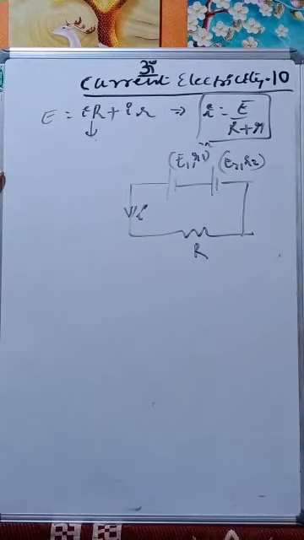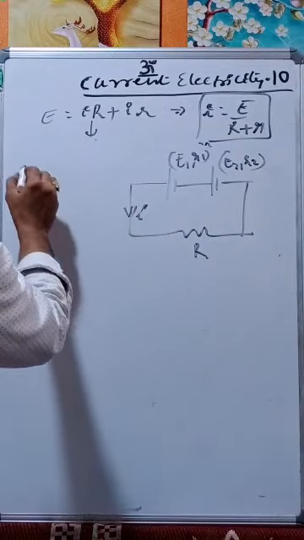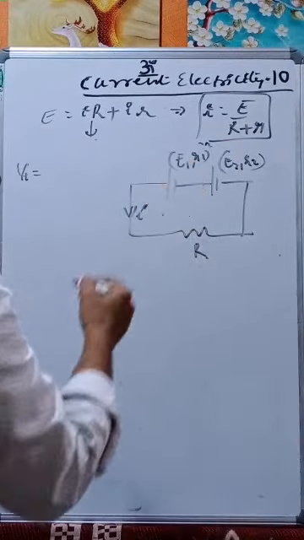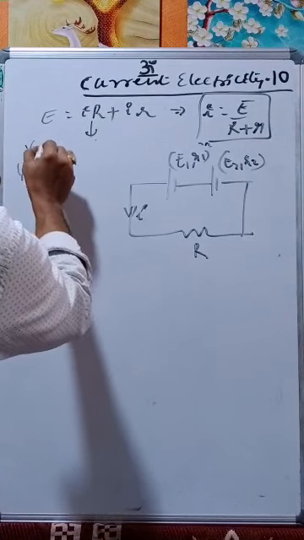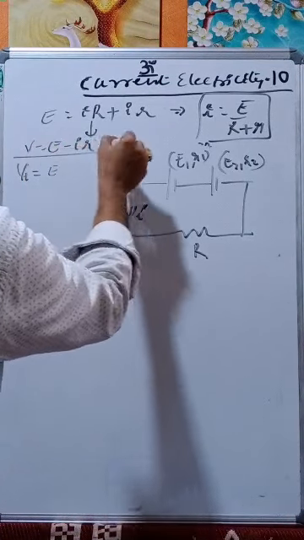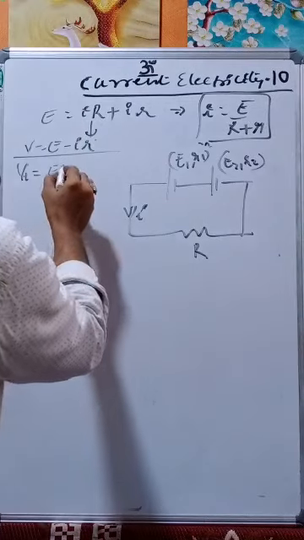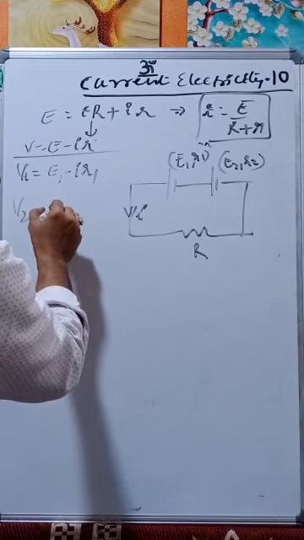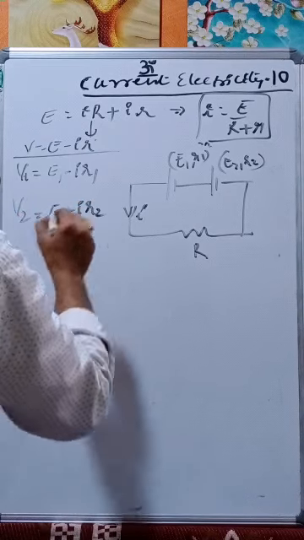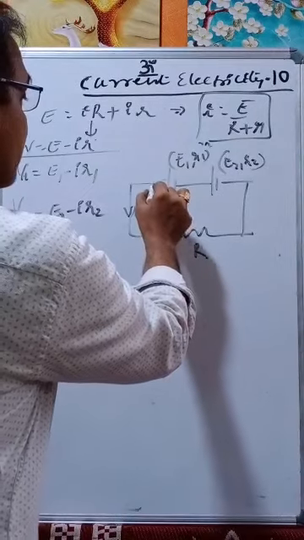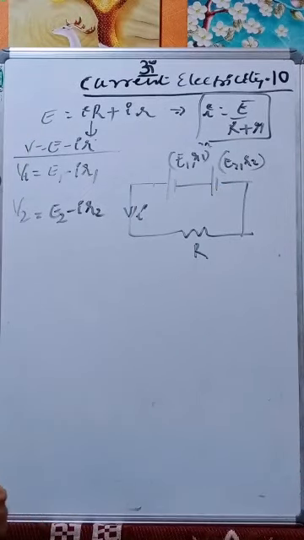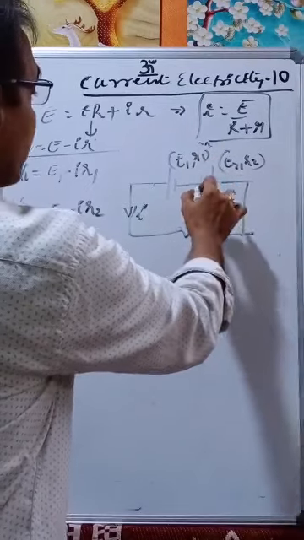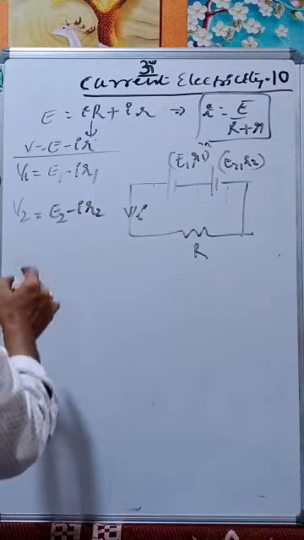If you take two cells E1, r1 and E2, r2, and the external resistance is R, then what is the terminal potential across the first cell? V is equal to E minus Ir. Therefore V1 is equal to E1 minus Ir1, and V2 is equal to E2 minus Ir2. These are the terminal potentials.